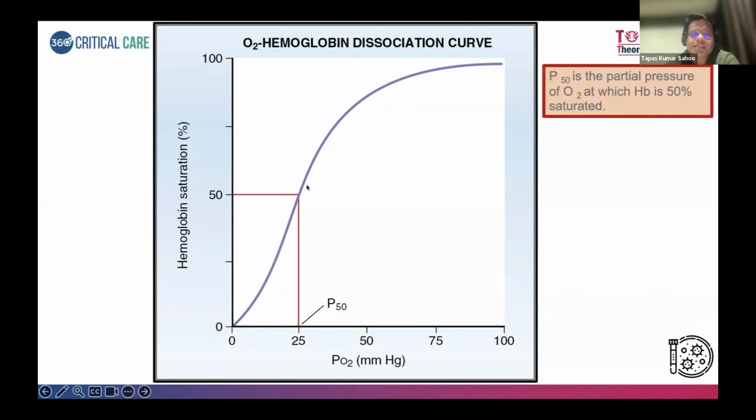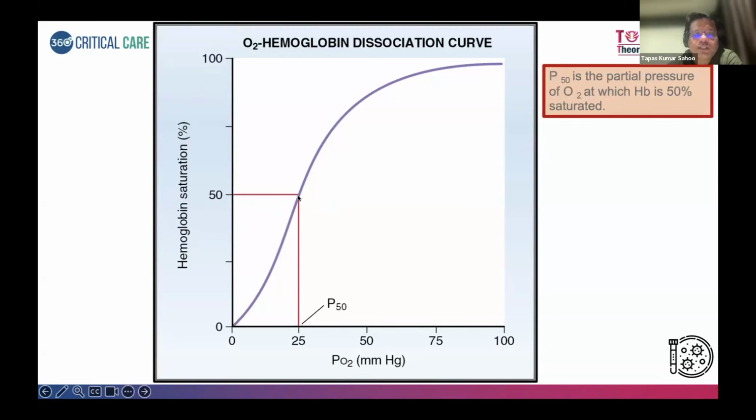Now, this is P50. What is P50? You can see here, it is already mentioned, P50 is the partial pressure of oxygen at which hemoglobin is 50% saturated. Clear? Now, we are taking this from 0 to 100% saturation related to hemoglobin. So this is SaO2. We take the 50% value and correspond it with the PaO2.